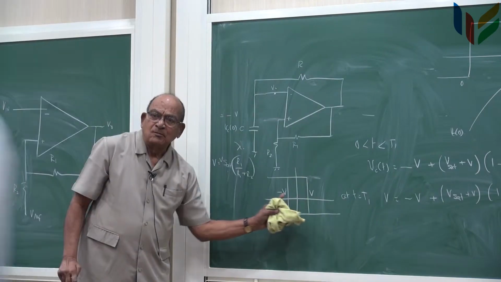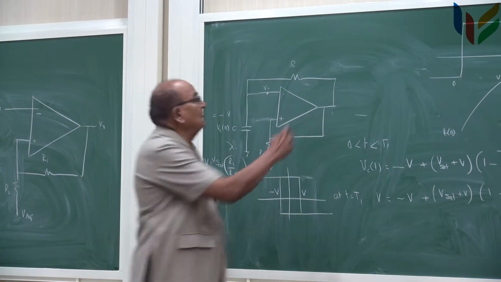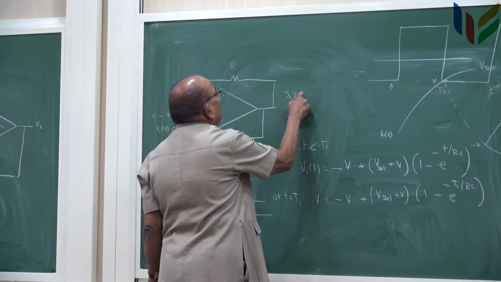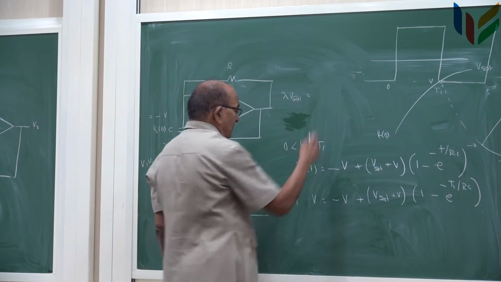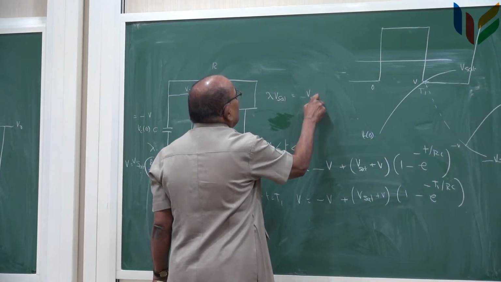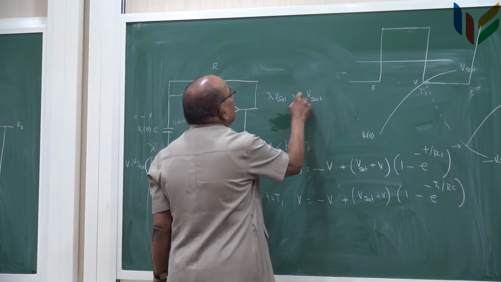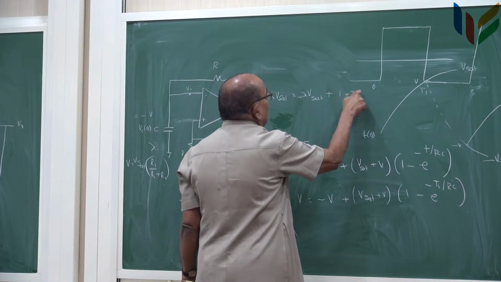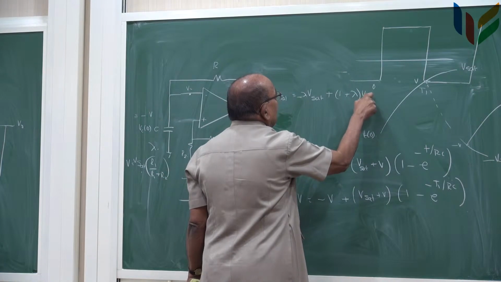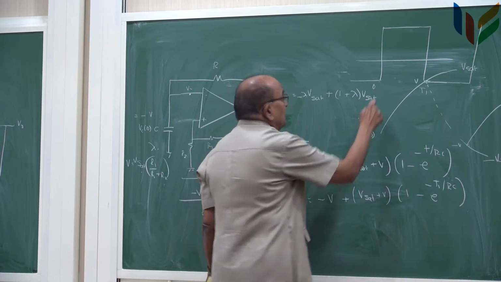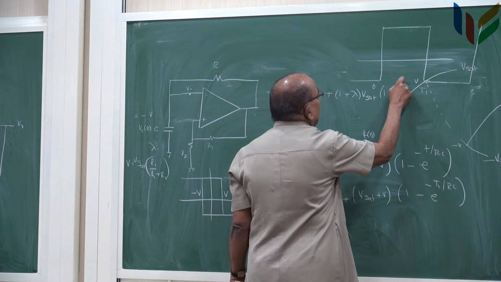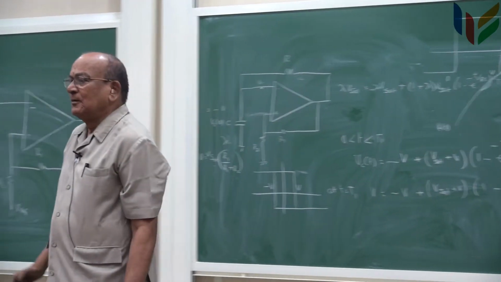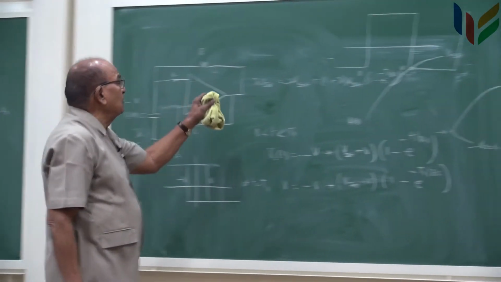So lambda times V sat is equal to minus V sat into lambda plus 1 plus lambda into V sat into 1 minus e to the power of minus T1 by RC. V sat goes off.